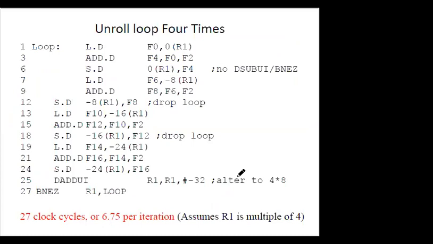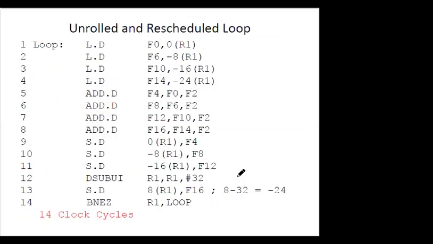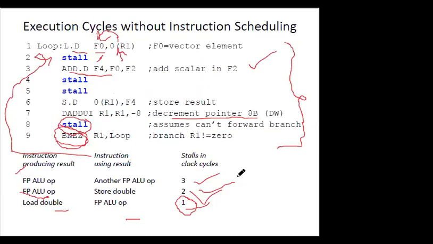Let us see how to unroll these instructions. There is an operation by which we can decrease the number of clock cycles involved. This was the execution without instruction scheduling.